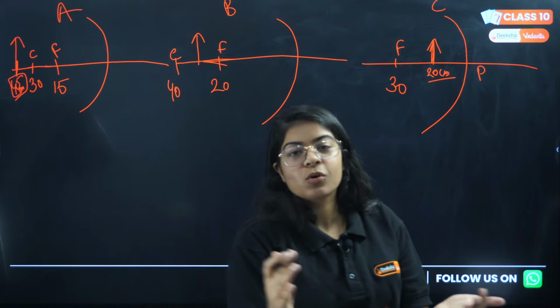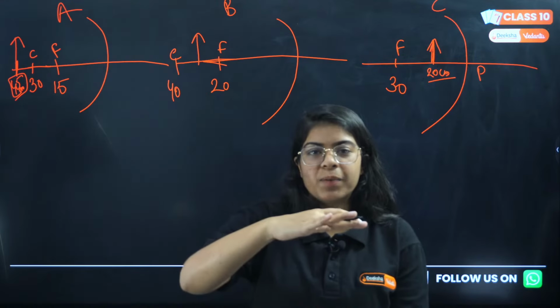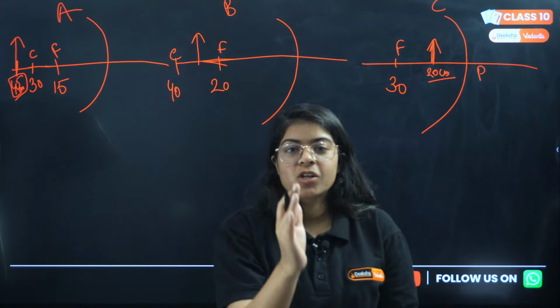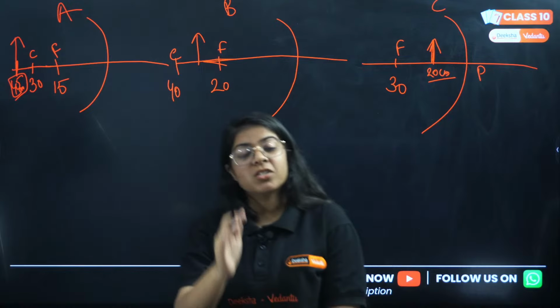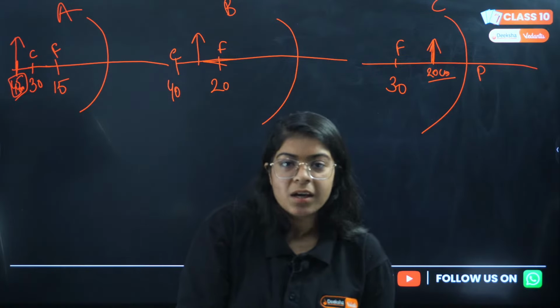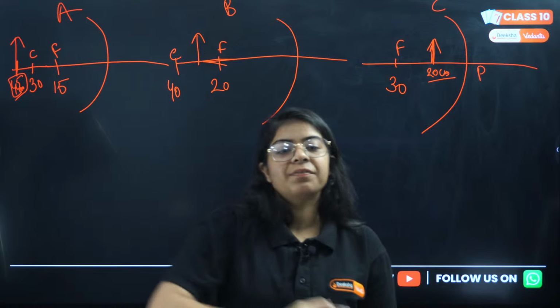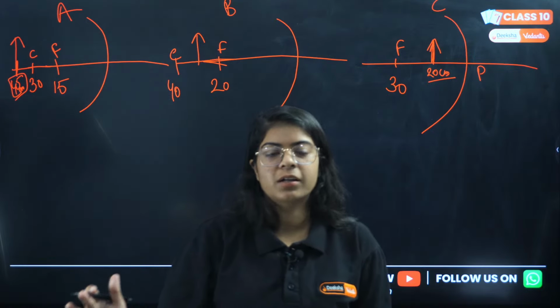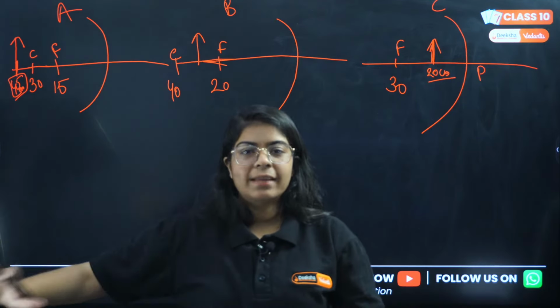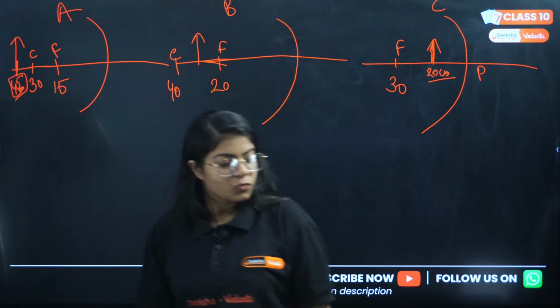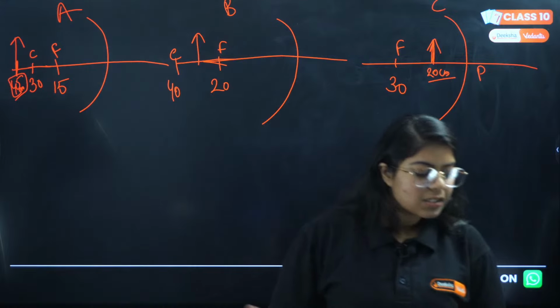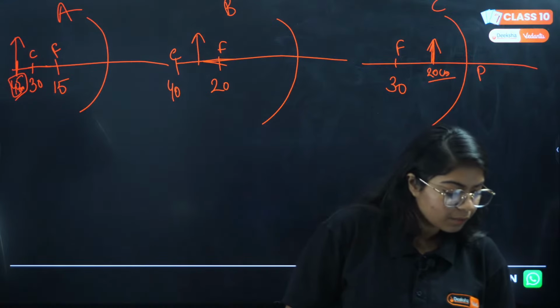As I come closer, the image starts getting bigger, but till the radius of curvature it stays smaller than the object, correct? After we cross the center of curvature towards focal length and pole, towards my mirror, the image will start getting bigger. So it is correct: more the distance from focal length, smaller the image.